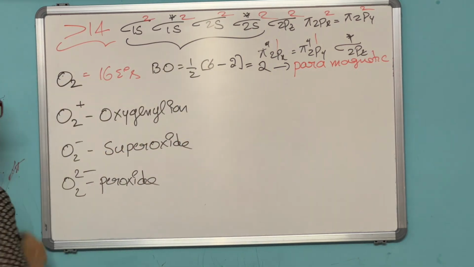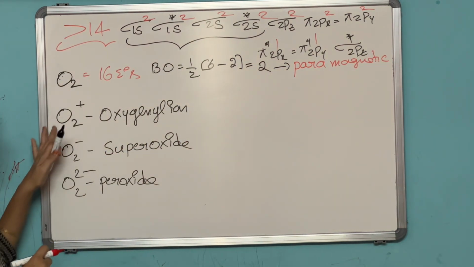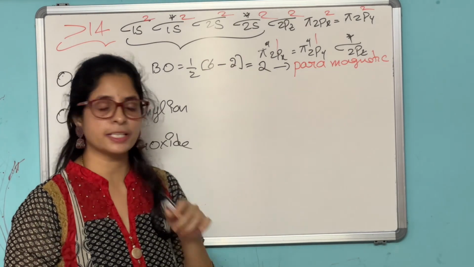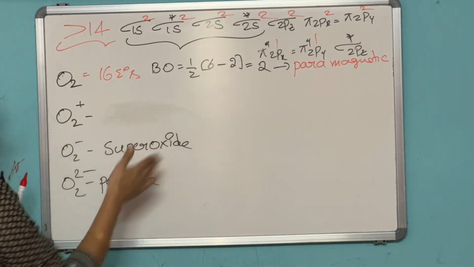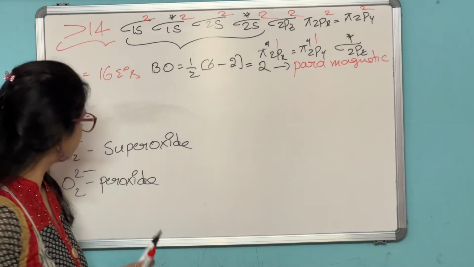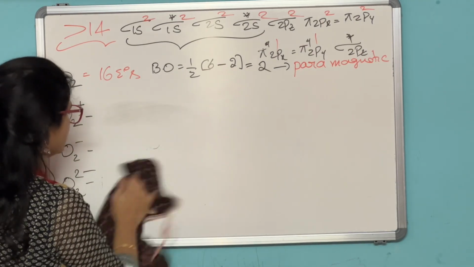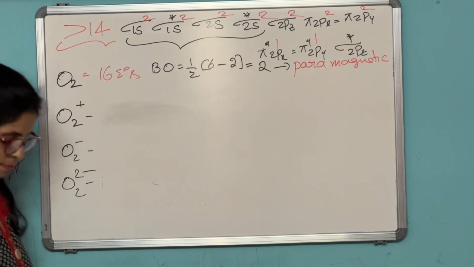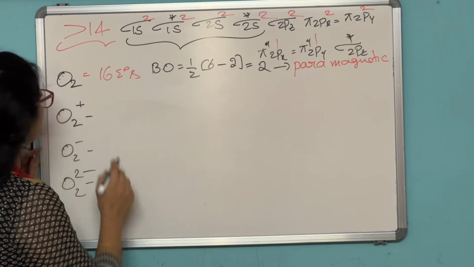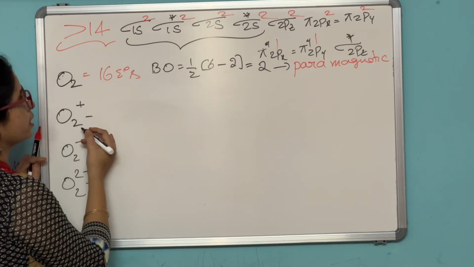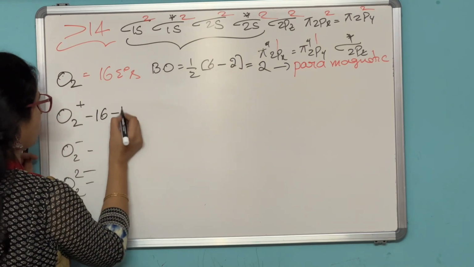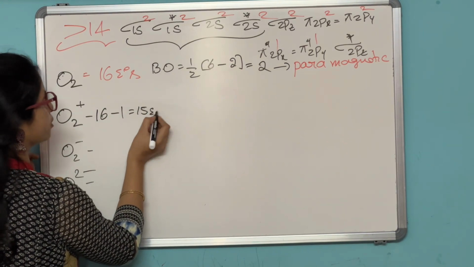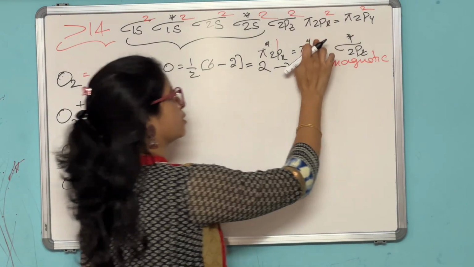Now calculate for O2 plus. O2 plus, the oxygenyl ion, is obtained by the loss of one electron. Write in your notebook. So 16 minus 1 is 15 electrons, and this is the electronic configuration.